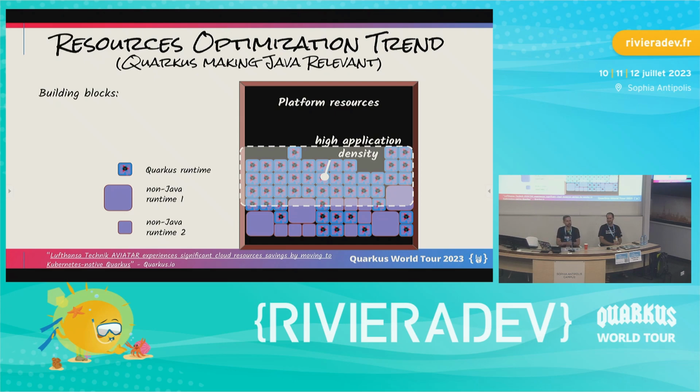It's interesting in terms of scaling very dynamically based on the requests that are coming in at the moment, and generally being able to optimize everything. So we can use our existing Java skills and not throw them out the window for some other language. We can actually continue to use Java. And you see here that Quarkus is smaller than some other non-Java runtime, so you can even have some performance and resource optimization using Quarkus.